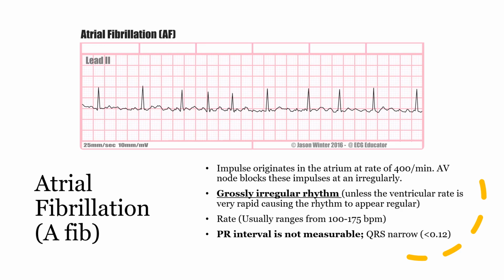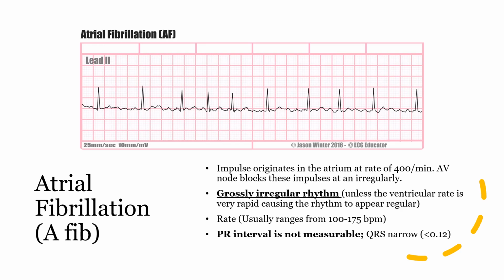It's not regular, it's grossly irregular, which means when we're looking at the rhythm, not only are we going to have multiple P waves for every QRS, but now our ventricles are not contracting at a regular rhythm. So the information that's coming from the atrium to the ventricles is just a quivering. We are not getting a good squeeze of the atrium.